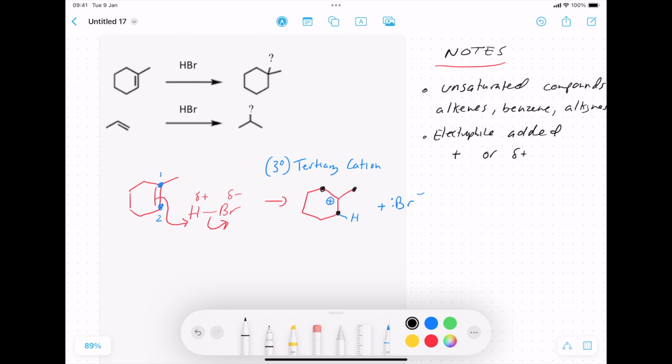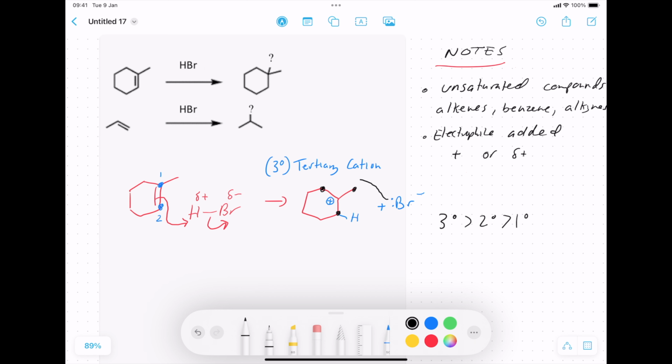So the positive charge is stabilized by those 3 surrounding carbons donating electron density towards it. So it's 3 degree is more stable than 2 degree, more stable than 1 degree. So if there's a choice between a tertiary and a secondary, or a secondary and a primary, the higher number always wins.